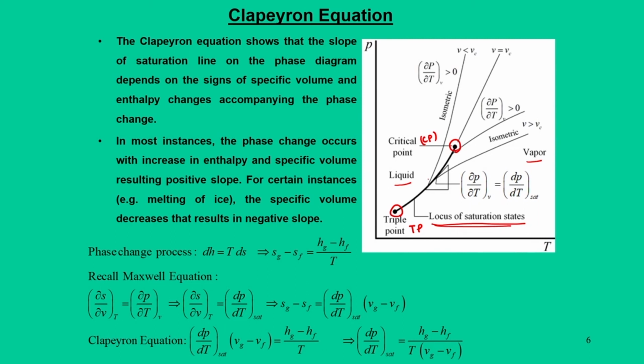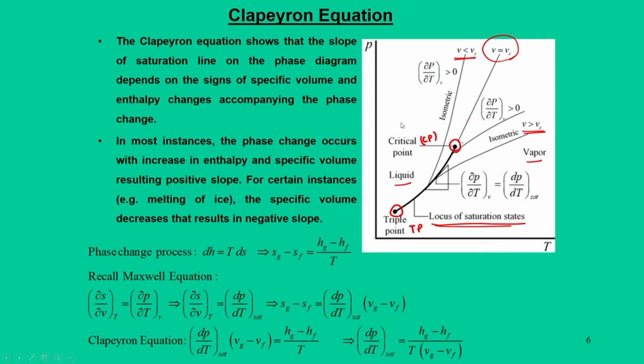Now, since it connects the triple point to the critical point, if you go along this line, we say we are moving along the constant volume line, and that is nothing but the critical volume. Towards the left side of this curve, V is less than Vc, and towards the right side of the curve the specific volume is greater than the critical volume. What we are trying to find out here is what happens to the slope of the curve.